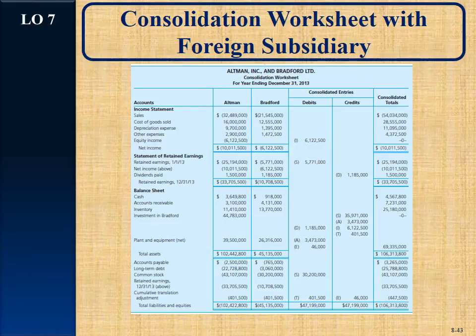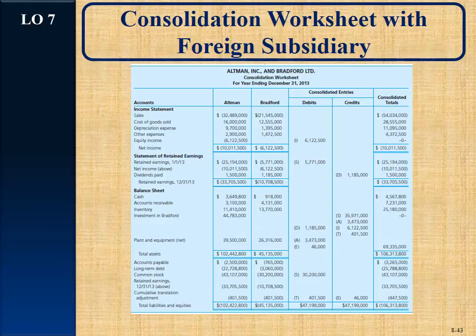So you can see here the cumulative adjustment on Bradford's books would need to be eliminated and taken out of the investment account during elimination.